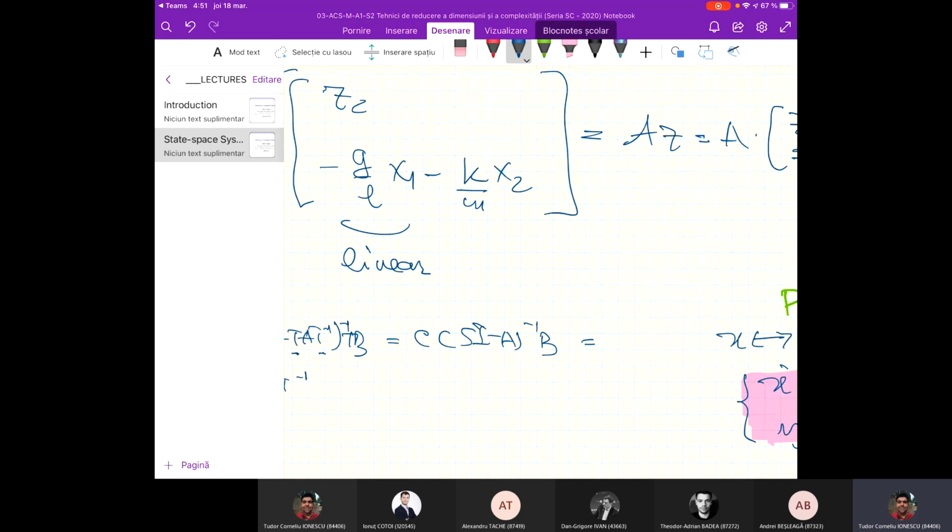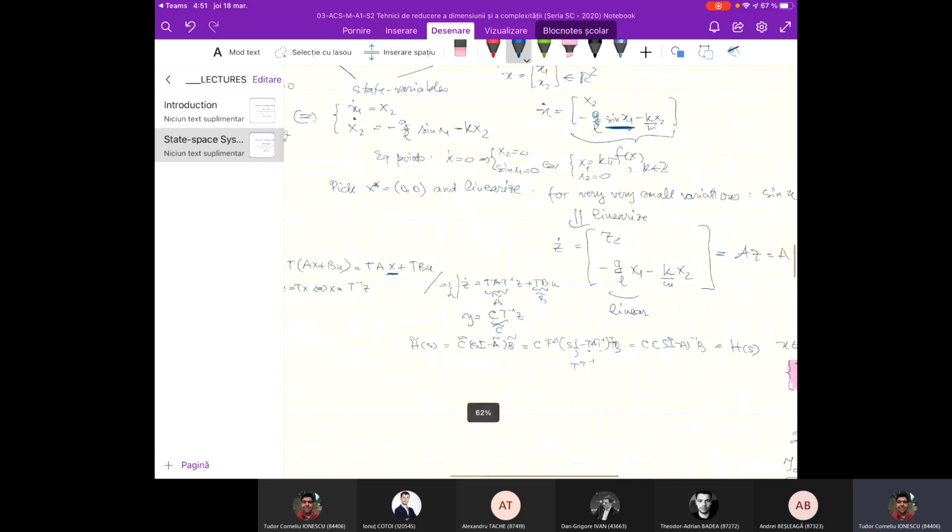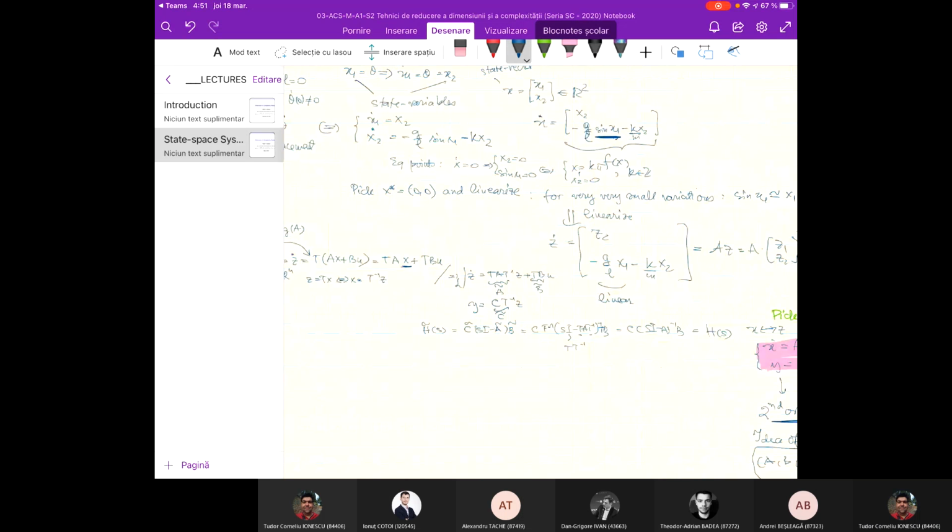So the transfer matrix is not changed by coordinate transformations. The transfer matrix is not changing due to coordinate transformations. That's why we can apply these coordinate transformations as many times as possible to write the ABC matrices in a form which is suitable to our analysis.